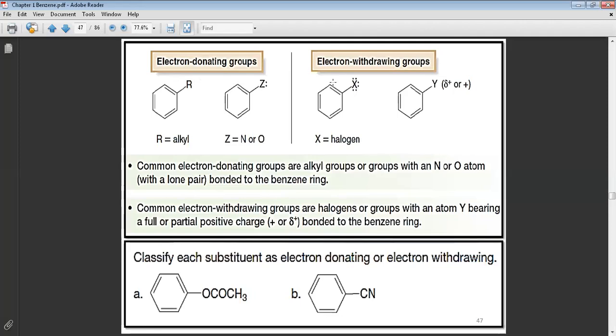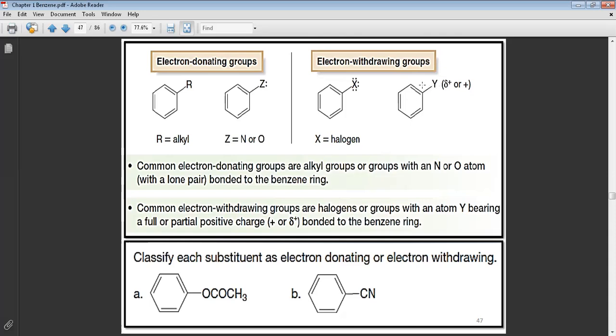Now, go to the halogen here. Benzene with a halogen: will it be withdrawing or donating? Withdrawing. By which effect? Inductive. There is resonance too, but it is weak.